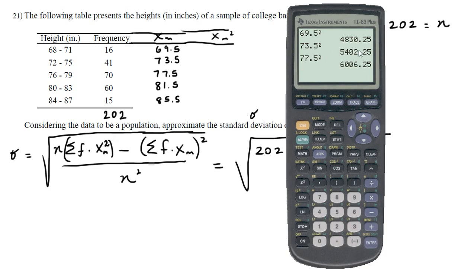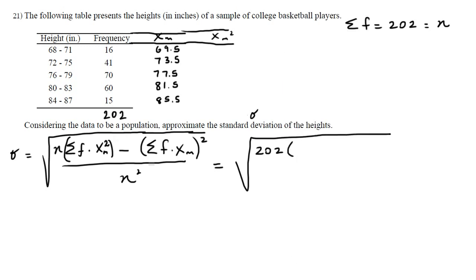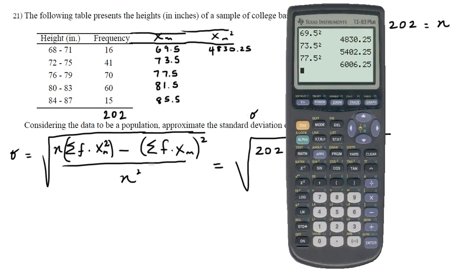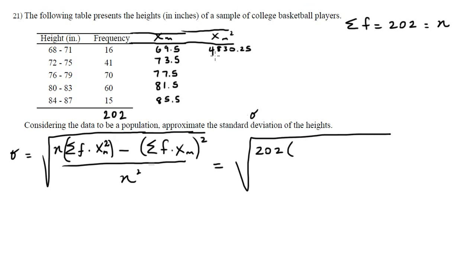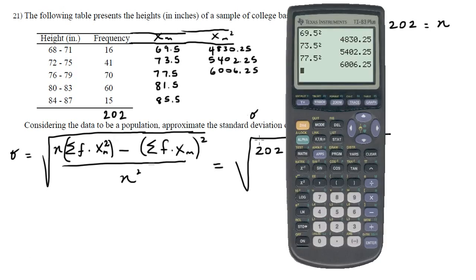Okay, so 4830.25, 5402.25, 6006.25. And the last two, 81.5 squared and 85.5 squared.